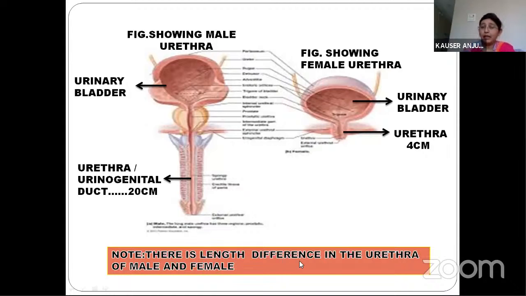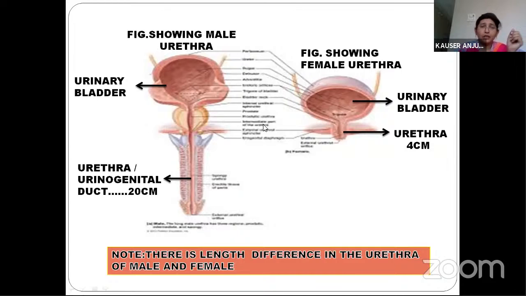There is a length difference in the urethra of male and female, isn't it? In male, it is 20 centimeters. In female, it is just 4 centimeters. Now, I'll explain why there is a length difference. Here, children, this is the figure showing the male urinary bladder and male urethra, and this is the figure showing the female urinary bladder and female urethra.